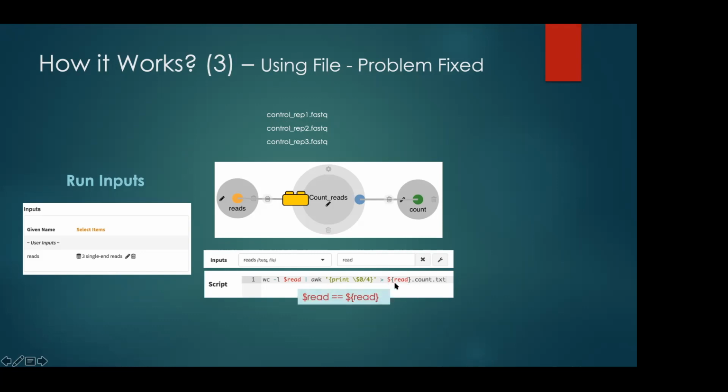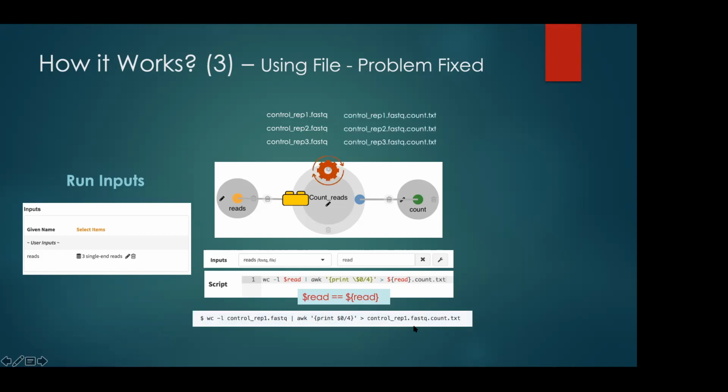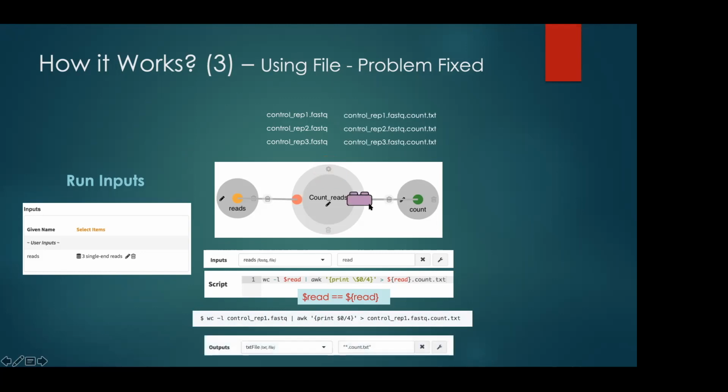So over here, I use a little bit different notation, but both things are the same thing. When I use this variable as a prefix alongside another text, I need to specify the curly brackets to specify the variable itself. So this is how it's going to look behind the scenes, and it will create our count.txt files like this.